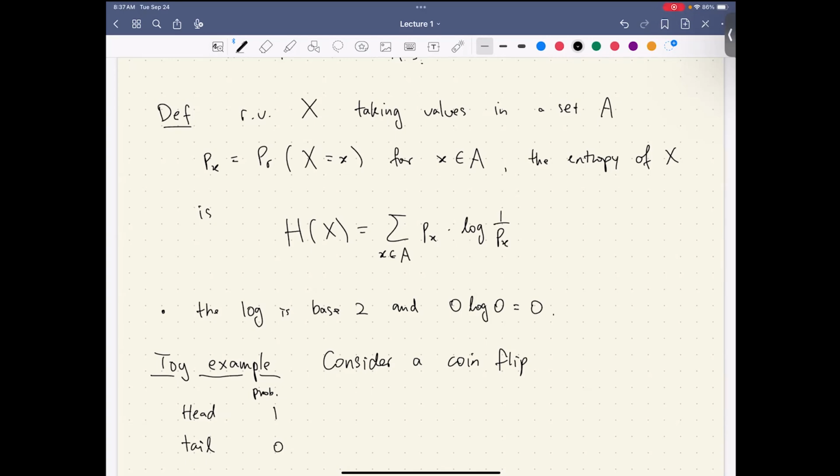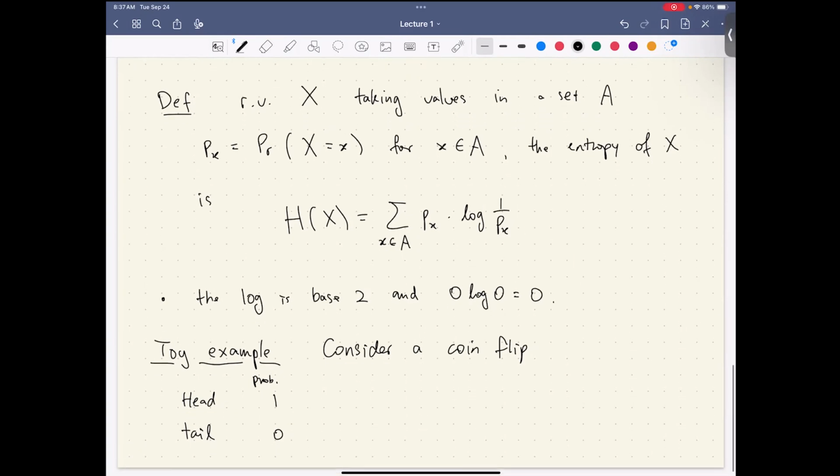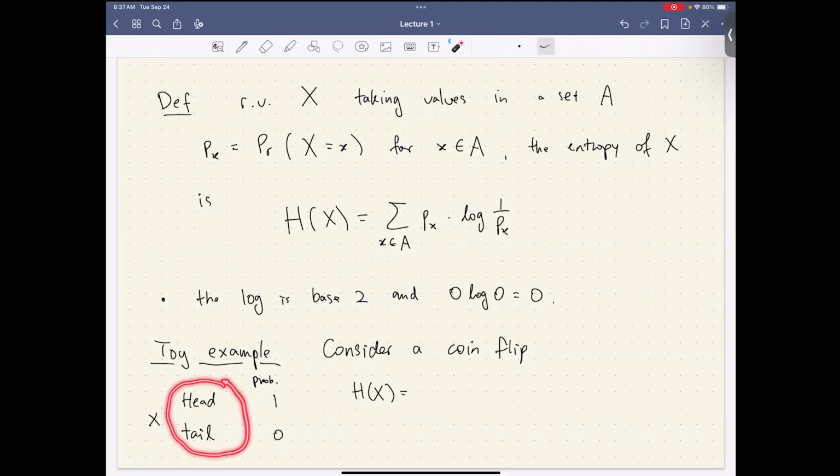So let's compute what the entropy is here. In this case, if this is X, H of X equals the sum over two outcomes. The set A is heads or tails.